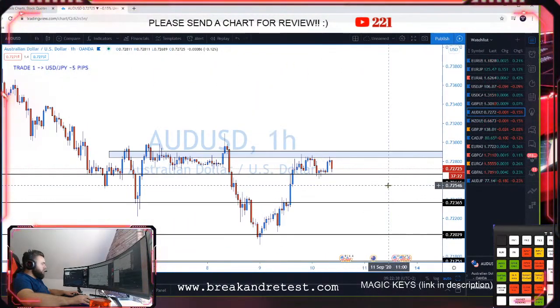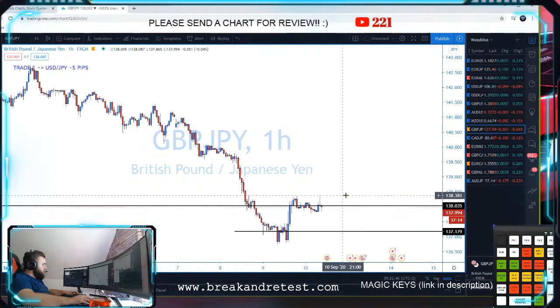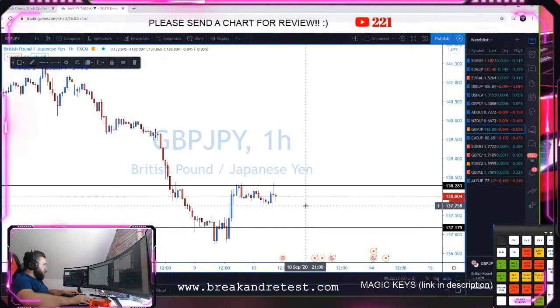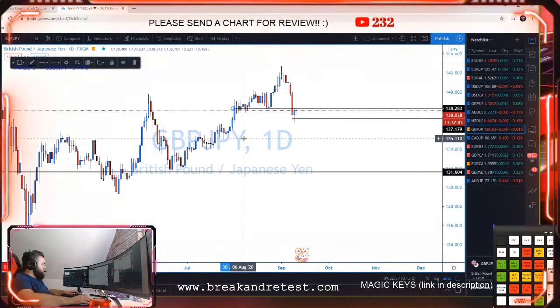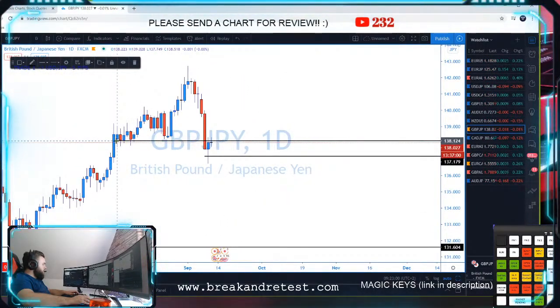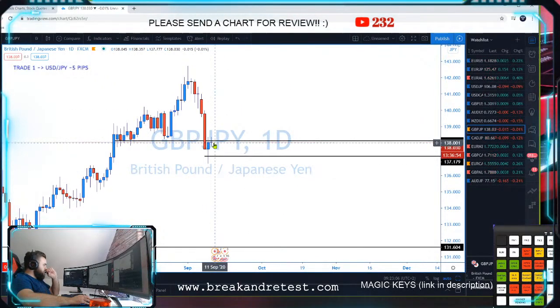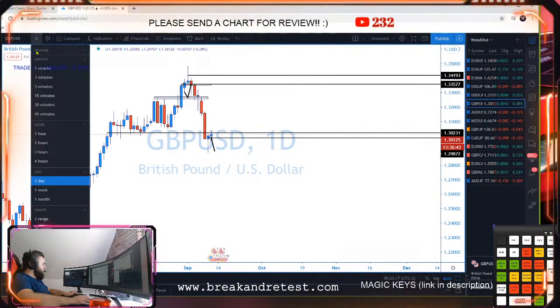Aus dollar still the same. Probably next hour it's gonna be pretty important, because it's gonna give us some good setups. GJ is pretty much the same as GU. We broke this support on the daily, got rejected once, twice, and I think we should have some continuation, but we need more confirmation, just like we need on GBPUSD.